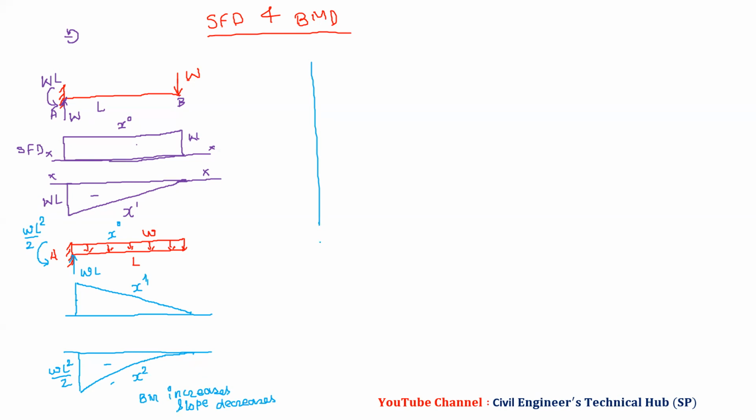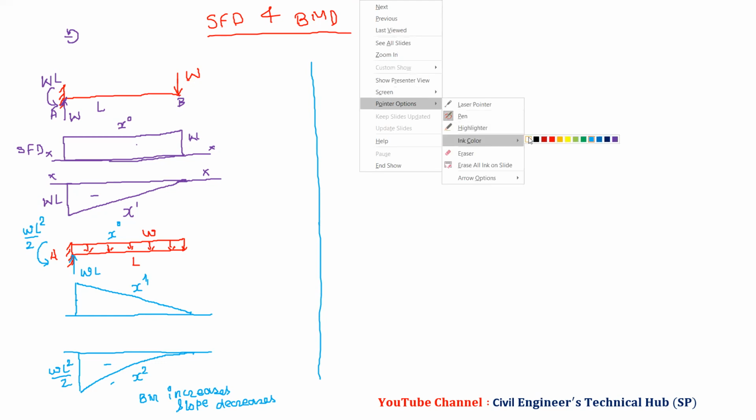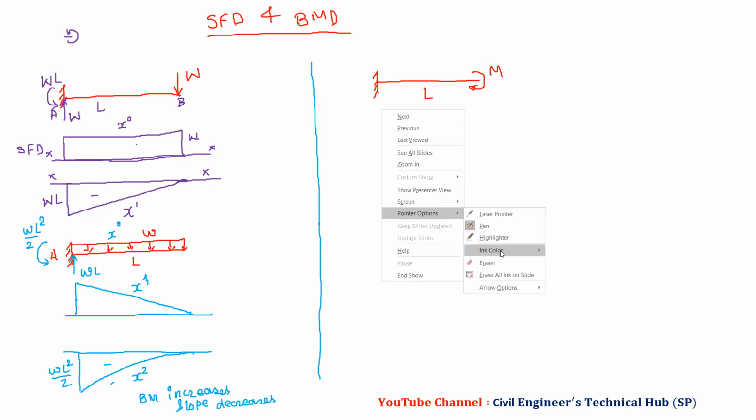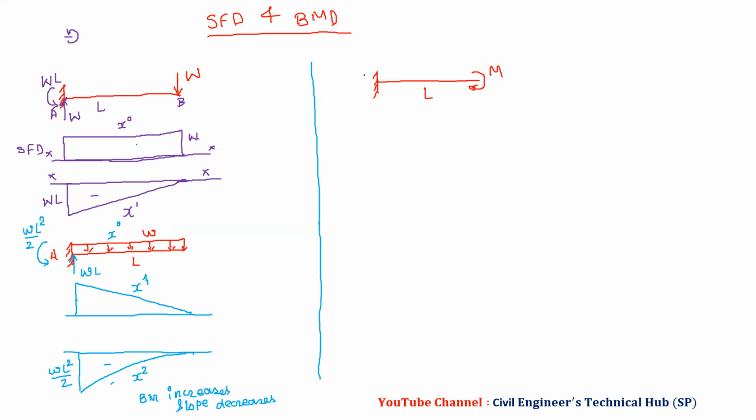Then we have a couple. If I draw a couple, sometimes this question is asked and students are not in a position to plot it. So I will plot a couple over here. Draw BMD for a couple. You can consider any one. So this is M, this is L. Now if you find the reactions, the first value will be in this fashion.